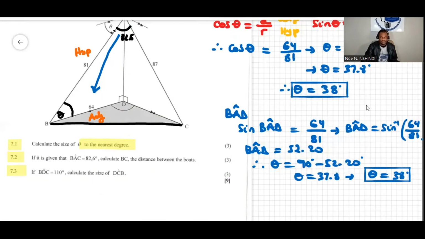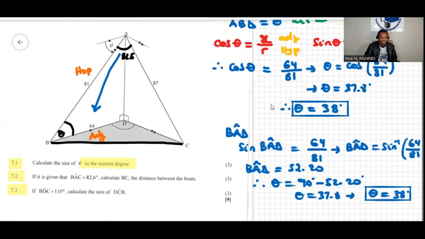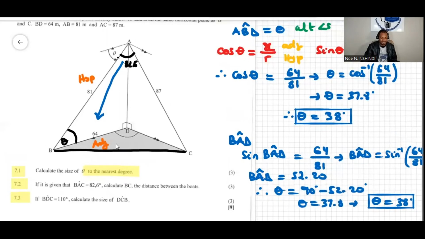If the angle BDC, this angle, is equal to 110 degrees, calculate the size of BCD, of DCB. So we are looking for this angle now, if this one is 110 degrees.